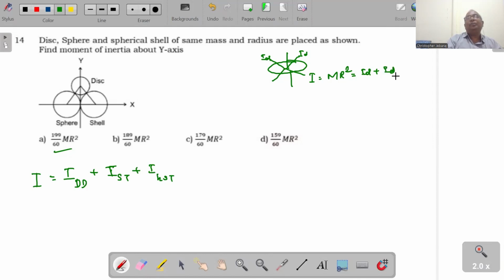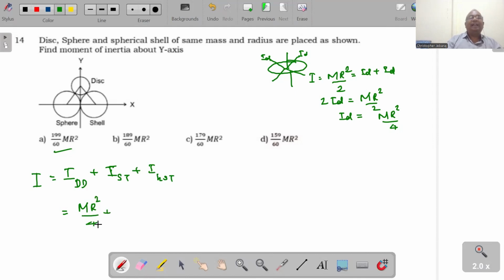So 2ID equals mr squared by 2. Sorry, the moment of inertia of the disk is mr squared by 2, so ID will be equal to mr squared by 4. So the answer for the first part is mr squared by 4.